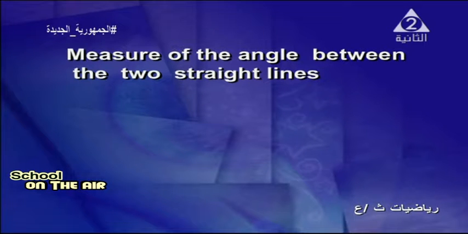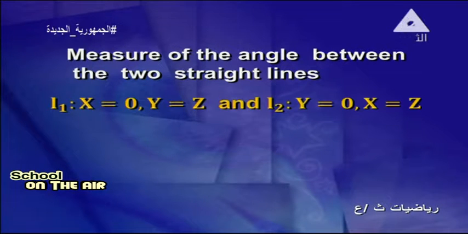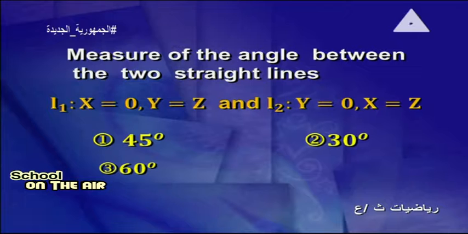Measure of the angle between two straight lines: the first line, x equals 0, y equals z; the second line, y equals 0, x equals z. Choose the correct answer: 45 degrees, 30 degrees, 60 degrees, or 70 degrees.